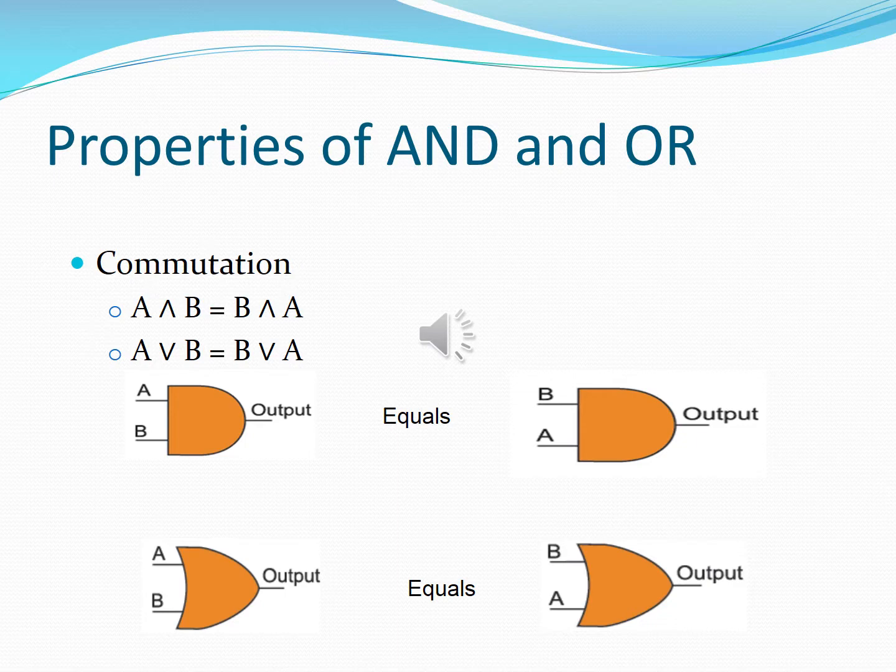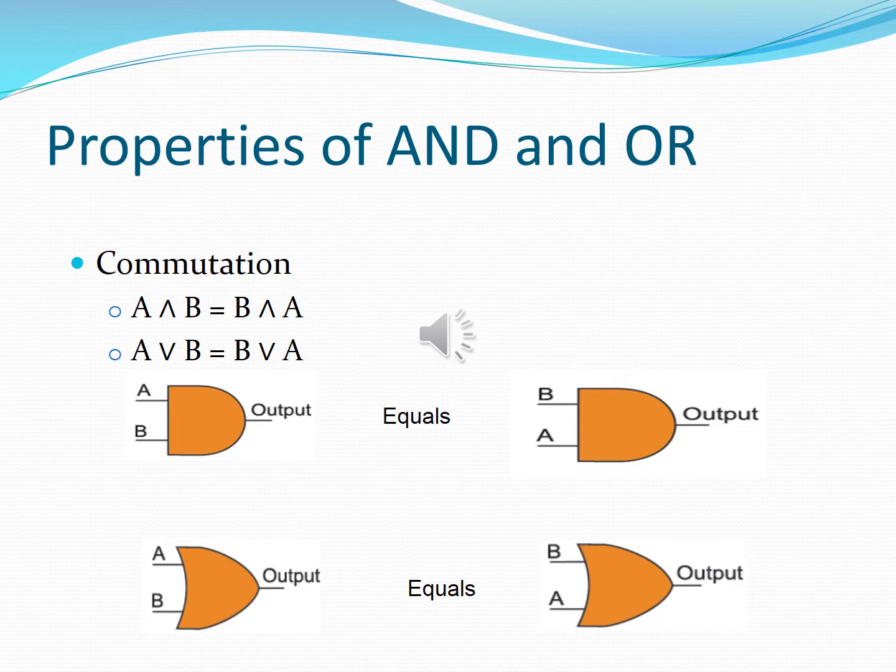Let's talk about properties of AND and OR gates. We have one property which applies to both of them. This property is known as commutation.